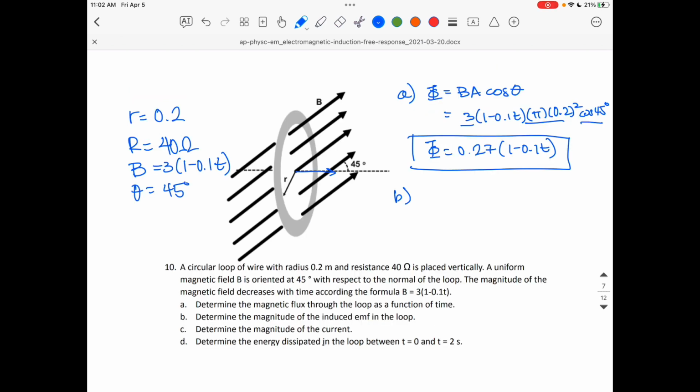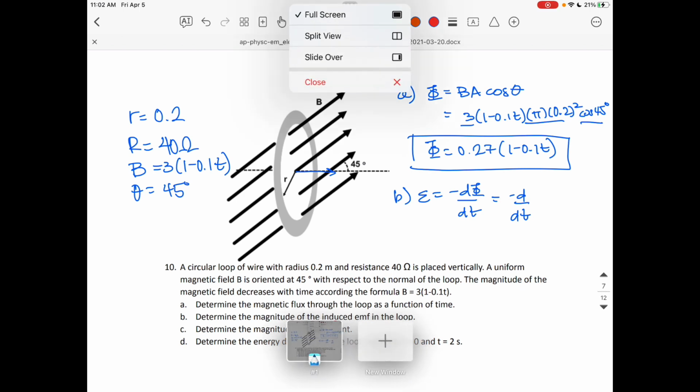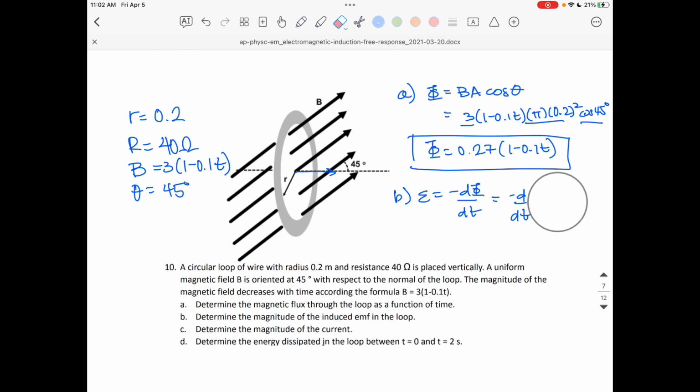Okay, so we're determining the magnitude of the induced EMF. EMF is equal to negative d flux dt. We have an equation for flux with respect to time, so it's negative d dt of, let me first pull out my constant, 0.27, and I'll leave the negative there, d dt of (1 minus 0.1 t), and then I can take the derivative of that, which is negative 0.27.